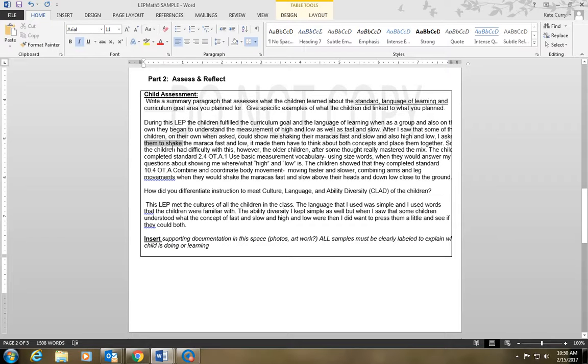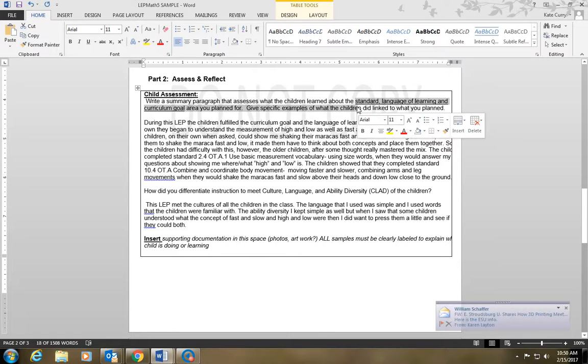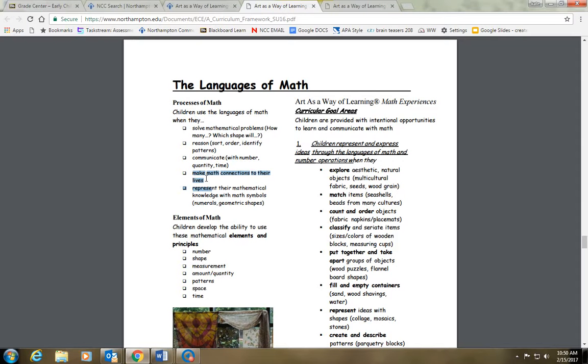So this up here should create a picture, kind of a visual snapshot of what happened, but it should also clearly assess what you planned for. Okay, so in each lesson you are assessing the language of math. How did the children grow in the elements and processes you planned? How did they grow in the goal areas?